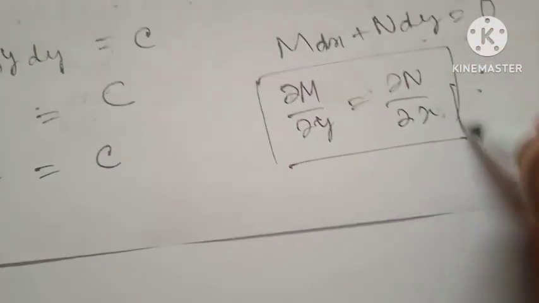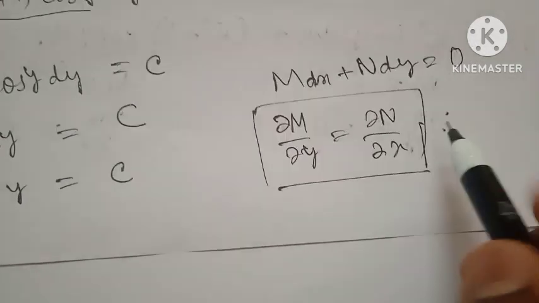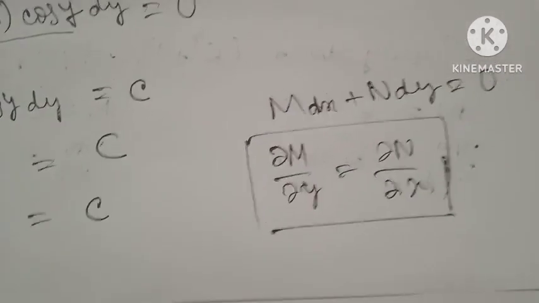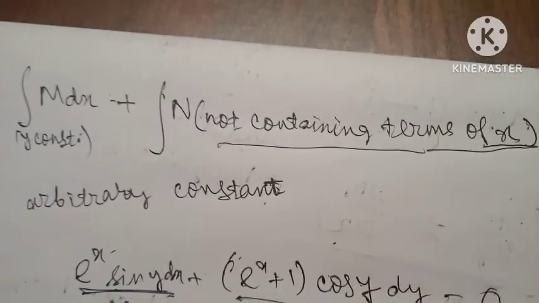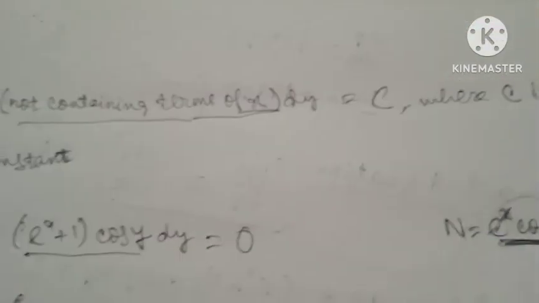If this is satisfied, only then it is an exact equation. But if it is not satisfied, it is not an exact equation. If it is an exact equation, then we will use this formula written above to solve the differential equation.